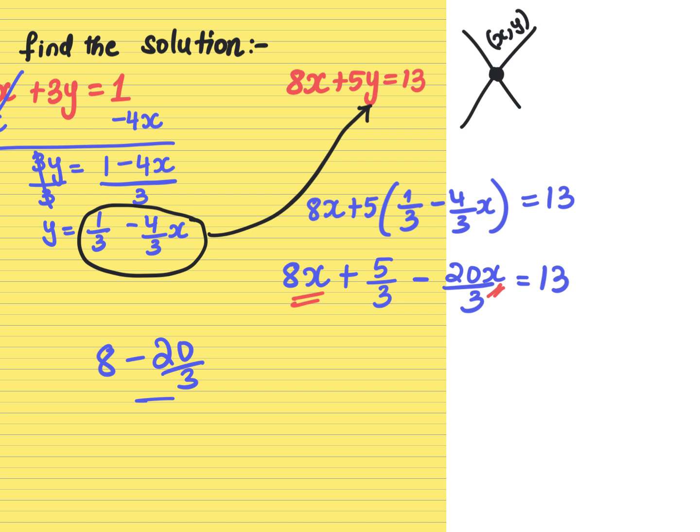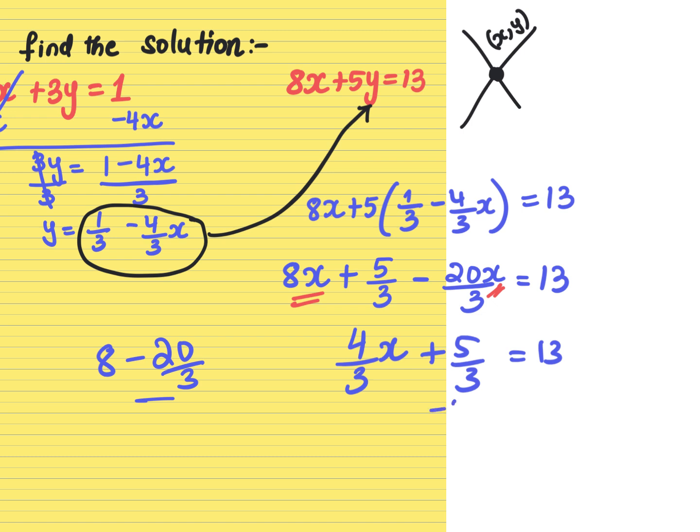So what did you get on your calculators? 4 over 3. And I still have 5 over 3 here that I need to move to the other side.